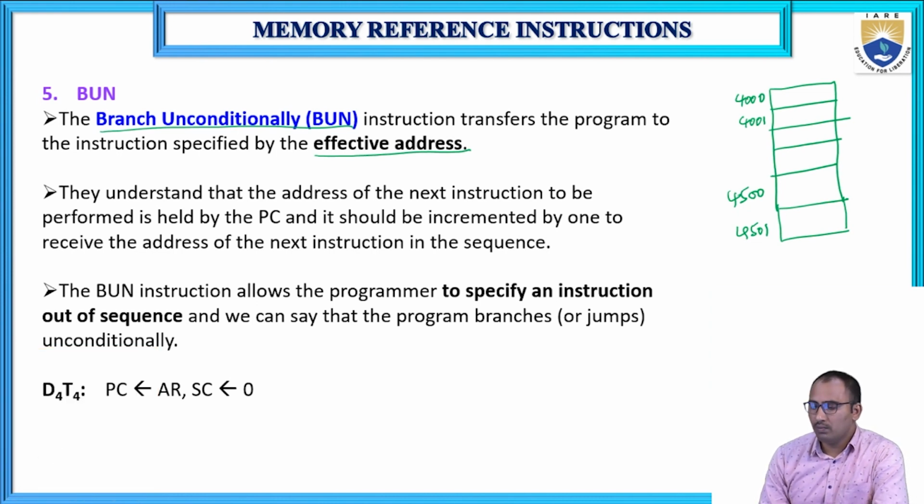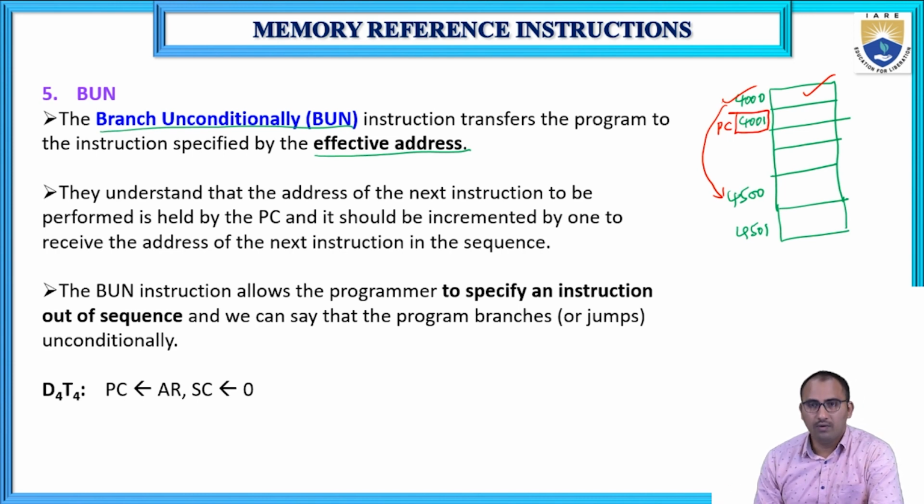So let us assume the program control is at the location 4000, and it is required to transfer to 4500. When this instruction is executing, the program counter holds 4001, while the instruction of the 4000 location is executing.